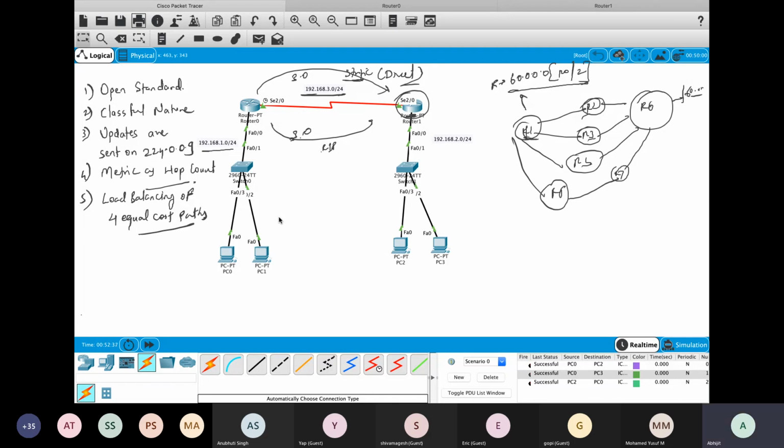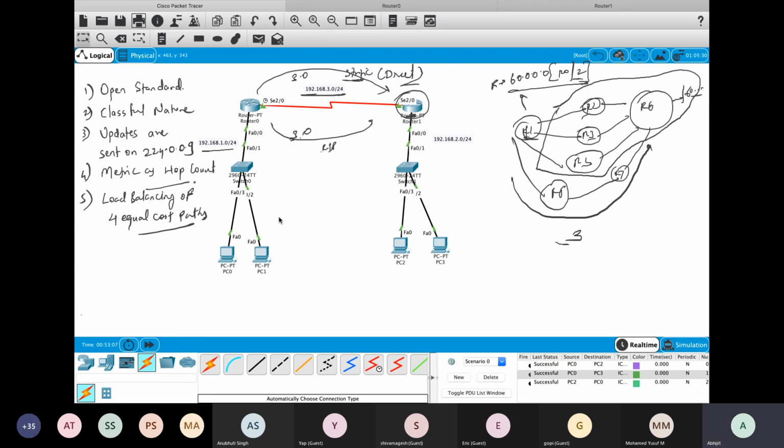But the decision over here needs to be made. When I said that load balancing of 4 equal cost paths can be made, it means that you have 3 paths that make this particular network reachable. But this last route uses a hop count of 3. That's why it is not the same as the metric of the previous routes that have been learned.